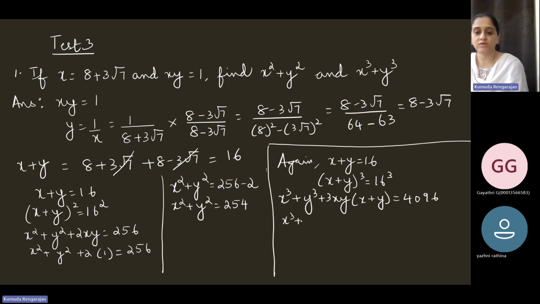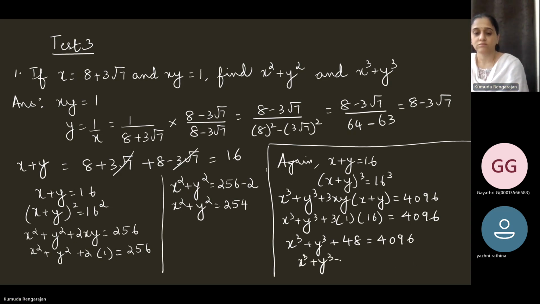So x cubed plus y cubed plus 3 into 1 into 16, because xy is 1, is equal to 4096. X cubed plus y cubed plus 48 is equal to 4096. Subtract and 4048.